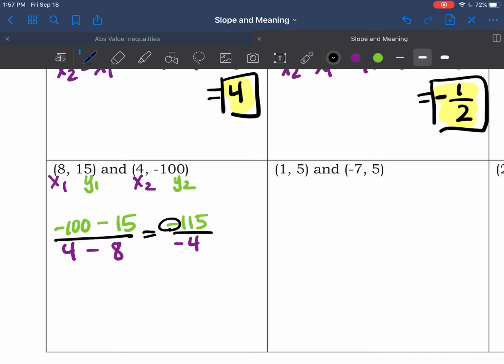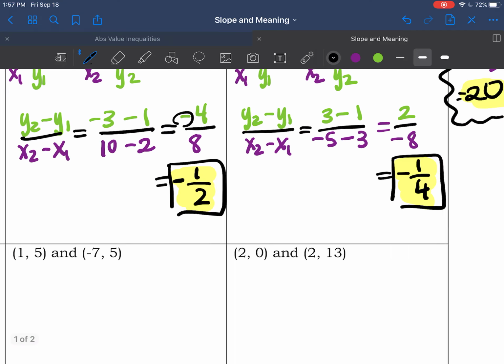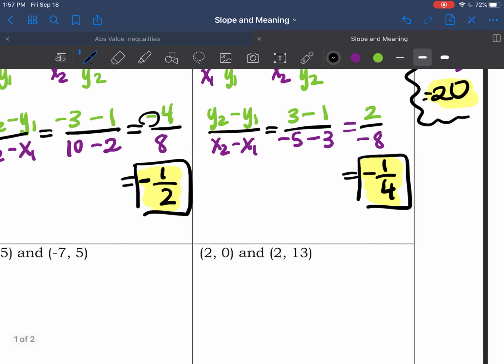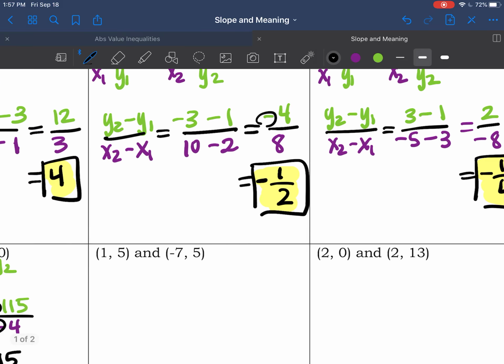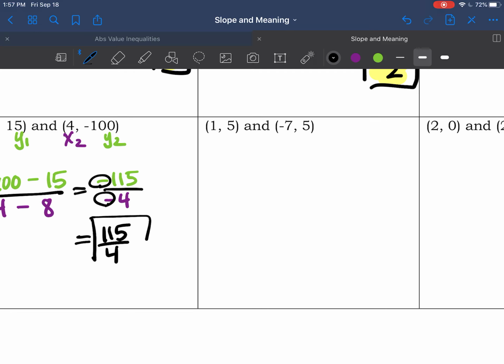Now on this example, notice there is negative in 2 places. When you have a negative divided by a negative, it becomes positive. And so do not write the negative. Only if it's in one place, like in this example, the negative 1/2 and the negative 1/4, you need to write it.